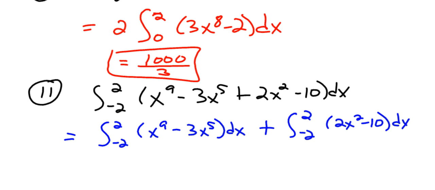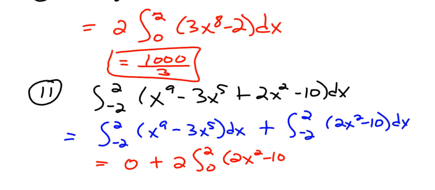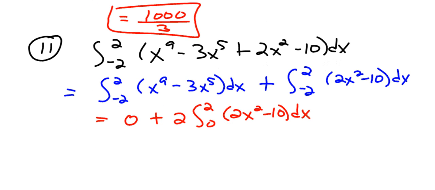So I can make life a lot quicker and easier: the first integral is 0, and for the second integral I can do 2 times the integral from 0 to 2 of this function, which is much easier to evaluate. So my answer for the area should be negative 88 over 3.